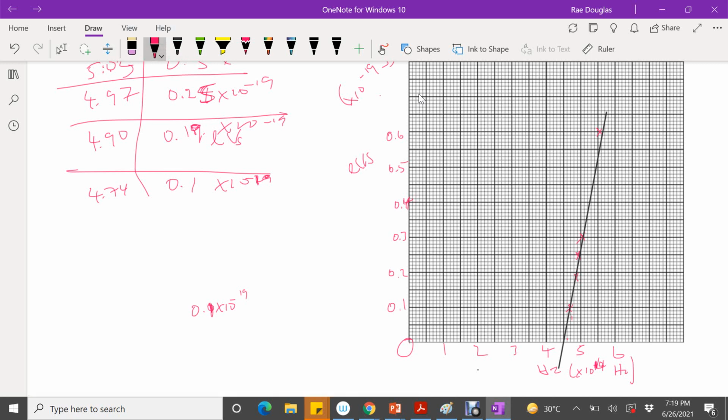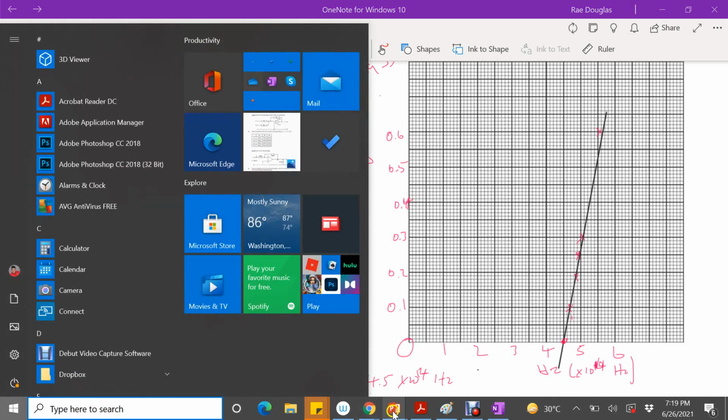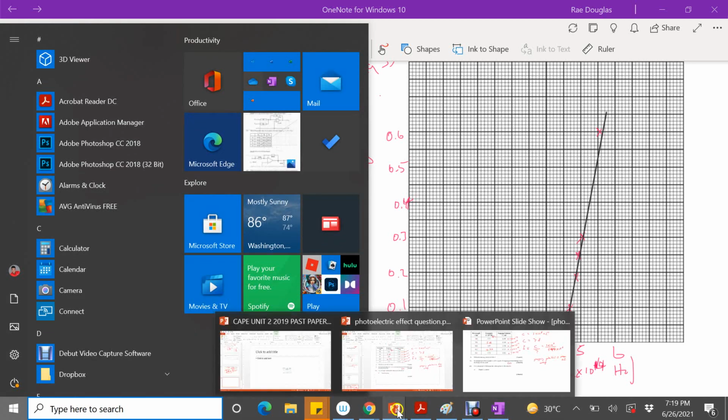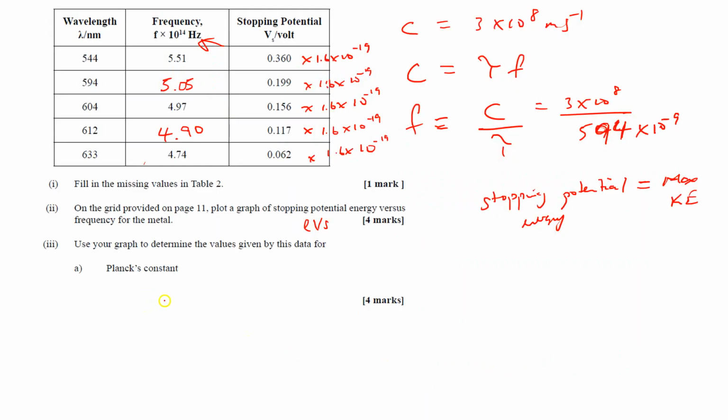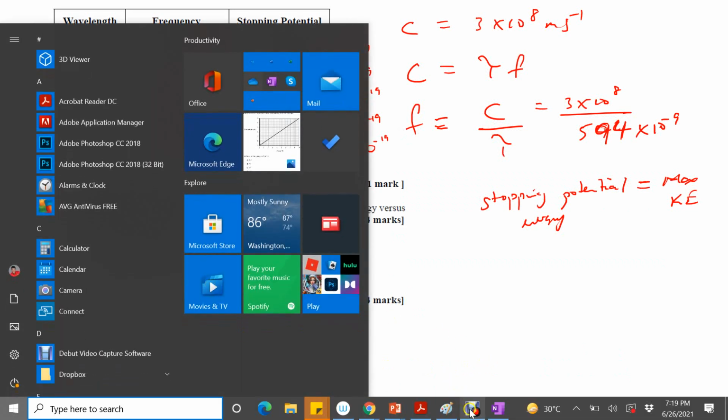So right here, that point corresponds to your threshold frequency, which in this case is going to be about 4.5 times 10 to the 14 hertz. All right. So with that being said, we go back to the question. But prior to that, they want you to find Planck's constant.